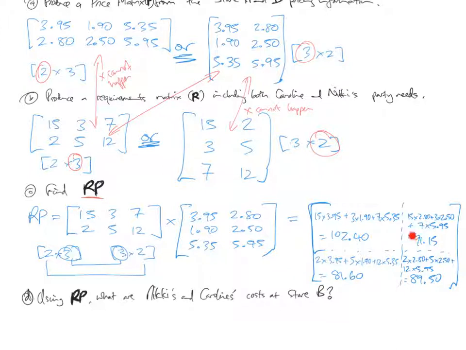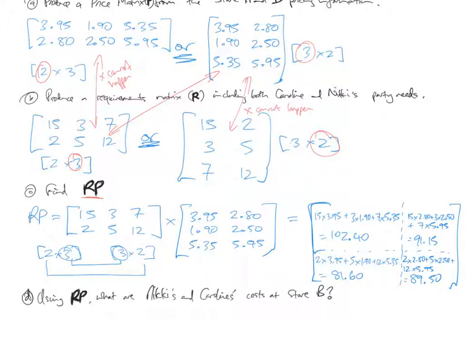So this is the total she would spend at shop B. This result is the result of Nikki's requirements row times by the cost from shop A. So that is Nikki's total costs at shop A. And this last multiplication is the result of Nikki's requirements row times by the shop B prices.